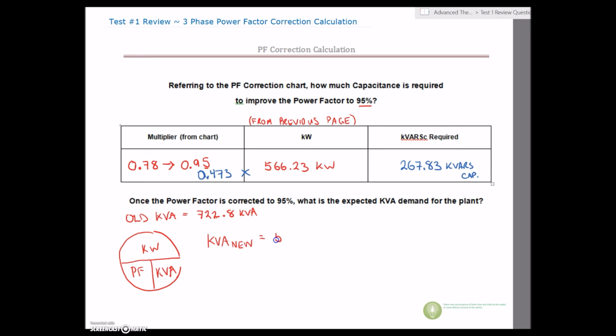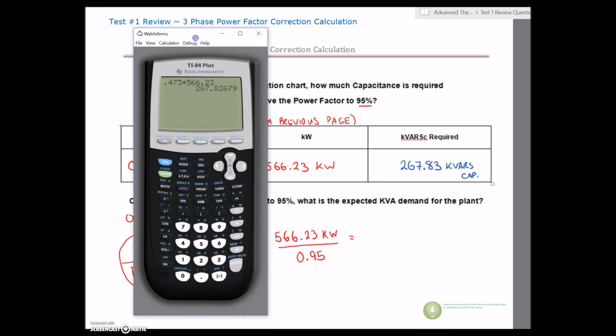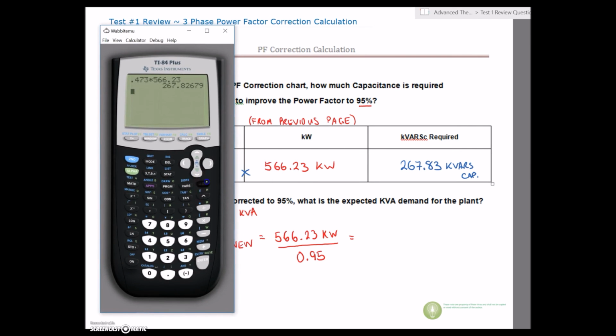So we're going to take our 566.23 kilowatts and divide by our new power factor of 95%, and that'll give us our new kVA. So we got 566.23 divided by 0.95, and that gives us 596 kVA.